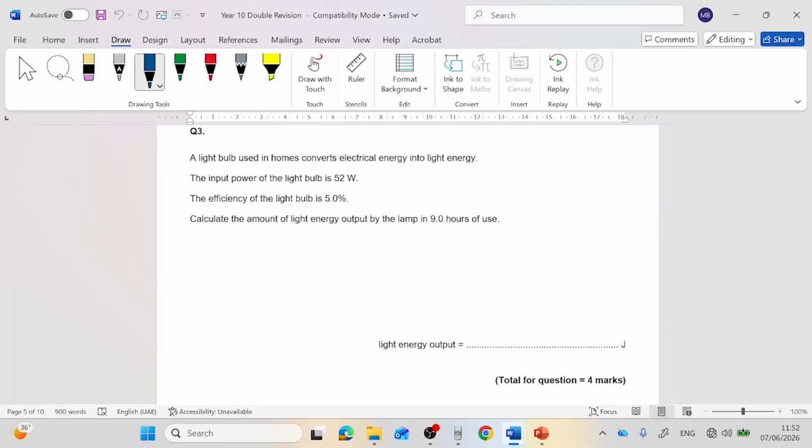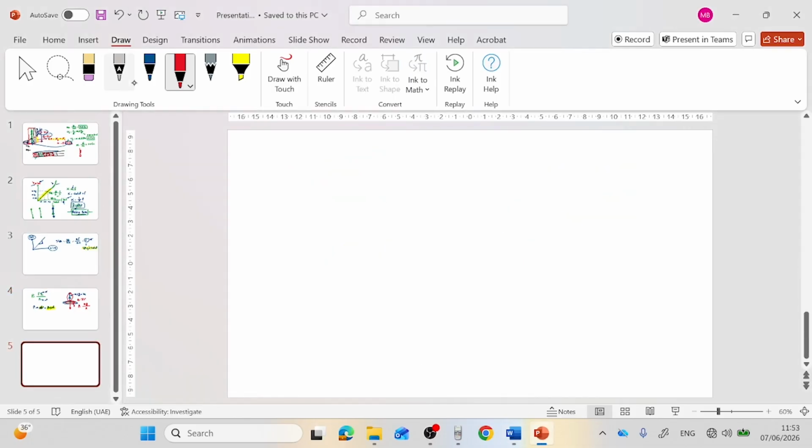For this question, a light bulb used in homes converts electric energy into light energy, the input power. So we need to revise the part which is related to power and energy. We know that electric power is equal to I times V. I is the electric current intensity, which is measured in ampere. V is the potential difference or the voltage, which is measured in volt.